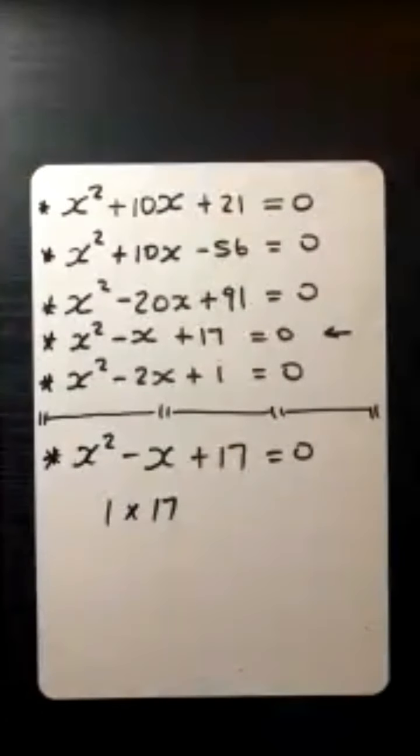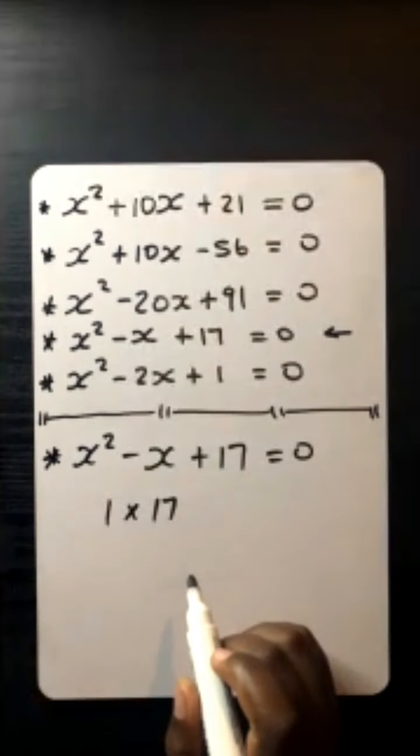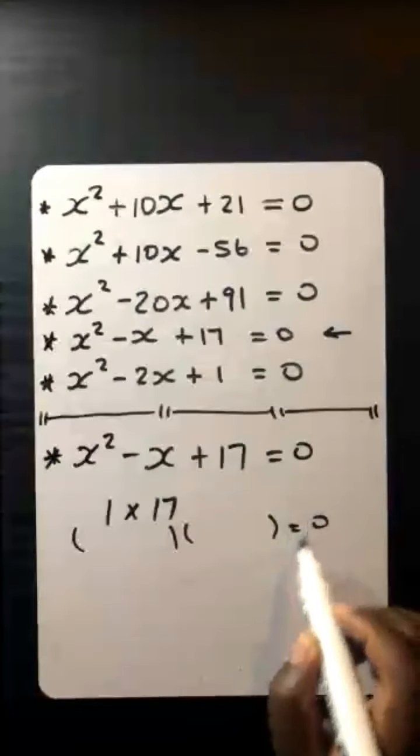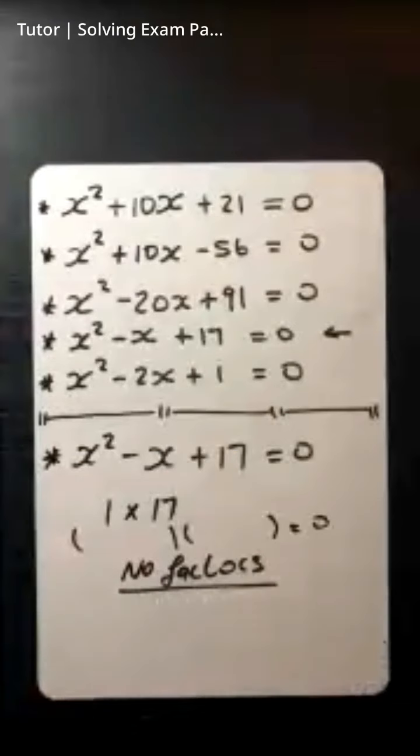Any other numbers? No, sir. So I agree with you on that one. And for this one, obviously, you won't be able to find the factors. So this is where you can say no factors.